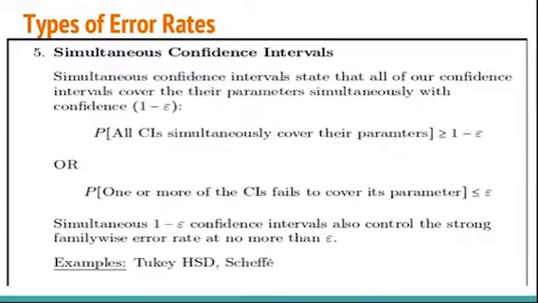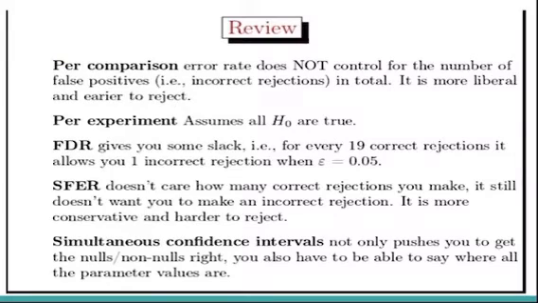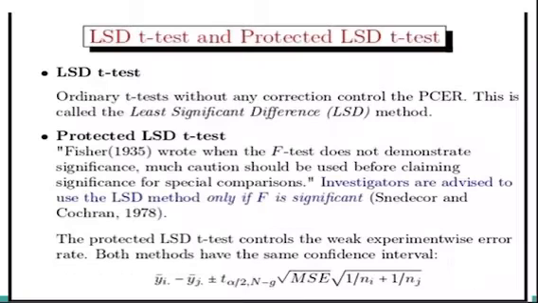Okay, I'm now going to show you some stuff. This is the protected least significant difference that we always do, which looks like a t-test. The one I said does not really control the family-wise error rate.